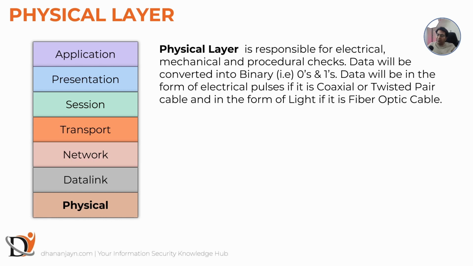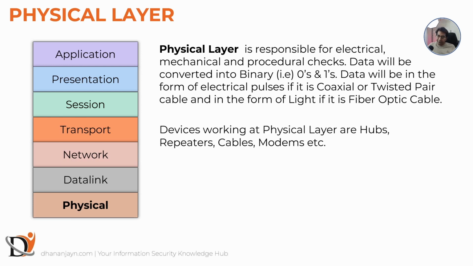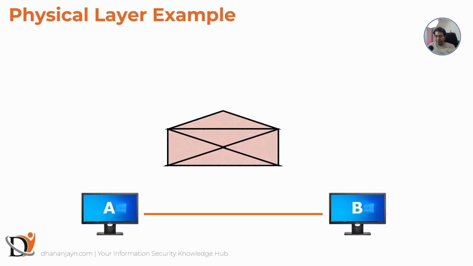So physical layer, which is the lowest layer in the OSI model, is primarily responsible for the transmission and reception of unstructured raw data between a device and a physical transmission medium such as a cable or wireless link. So devices working at physical layer are hubs, repeaters, cables and modems.